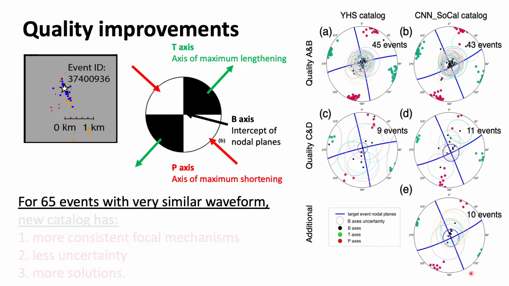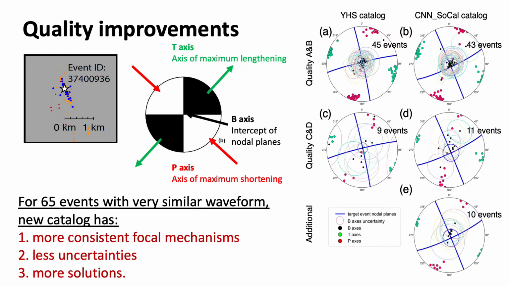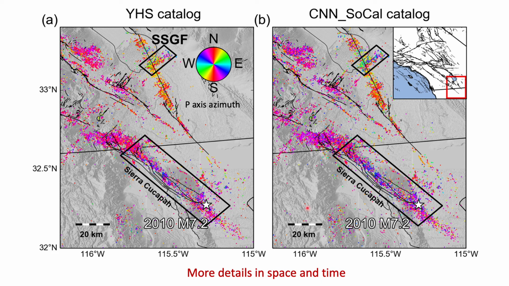The second column shows the results from the new catalog. Our new catalog shows more consistent focal mechanisms, less uncertainties, and more solutions. Here are the map views of focal mechanisms in near Southern California and northern Baja California. Our new catalog delineates more details in space and time.